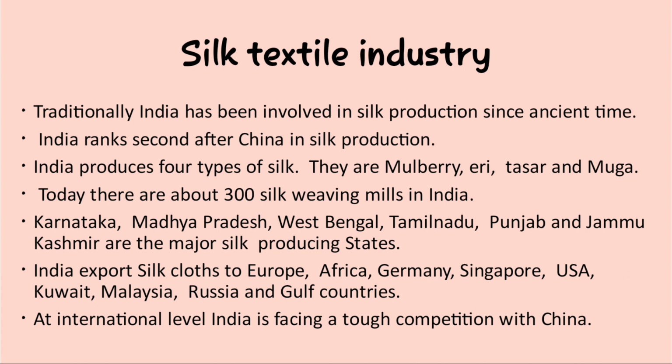India exports silk cloth to Europe, Africa and Germany. Not only that, Singapore, USA, Kuwait, Malaysia, Russia and other Gulf countries are using Indian silk for their silk textile industries. At international level, India is facing a tough competition with China.